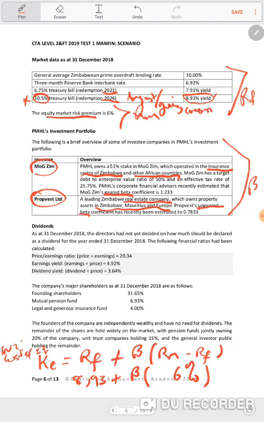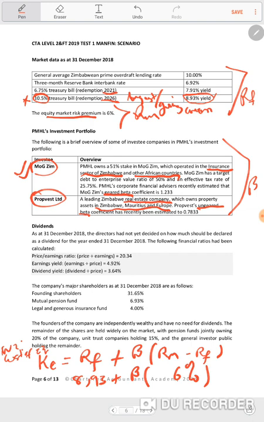Can you see that Moxim best suits our company? It's similar to PMHL since it is an insurance company and operates in Zimbabwe and other African countries. But PropFest is in real estate, number one. Also, number two, it's operating in Mauritius and Europe, whereas PMHL is operating in Zimbabwe and other African countries. So therefore, we're going to use Moxim.